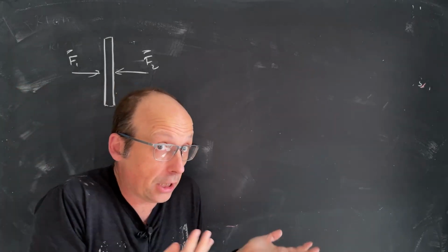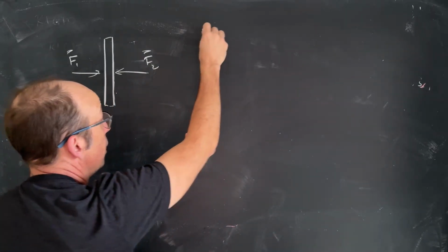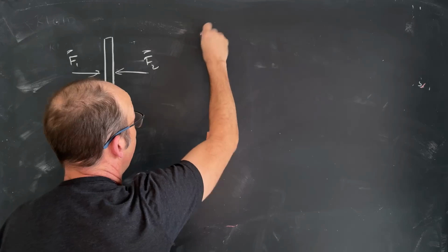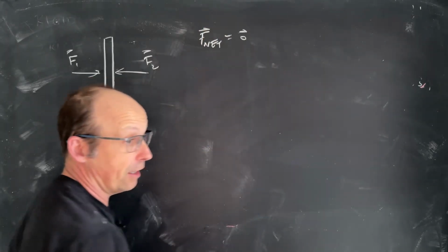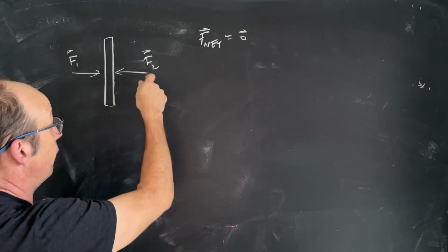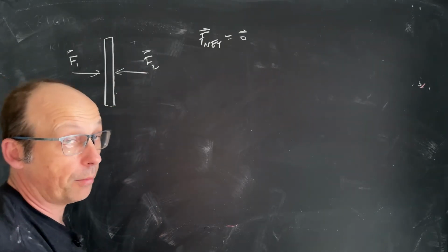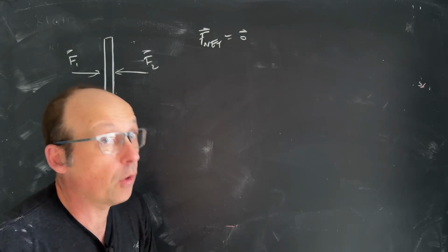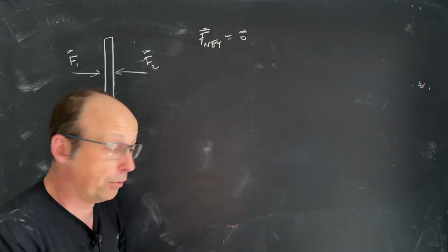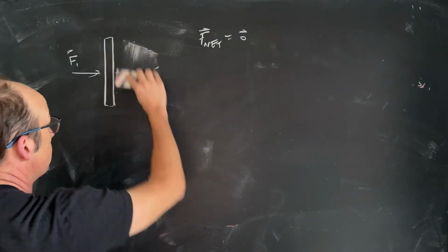Well, it's just like before, right? We said in the previous chapter that if F net is 0, then it's in equilibrium. So here I would have F1 and F2 in equal and opposite directions, equal forces. So the net force is 0 and it just stays there. That's pretty simple, right?